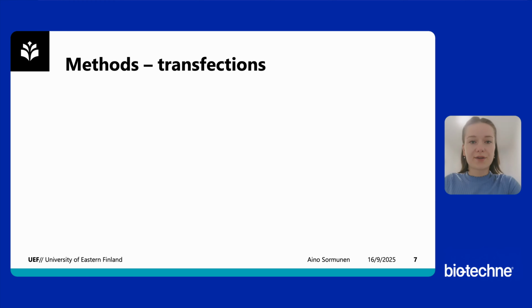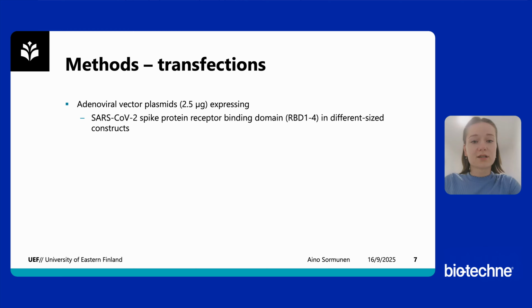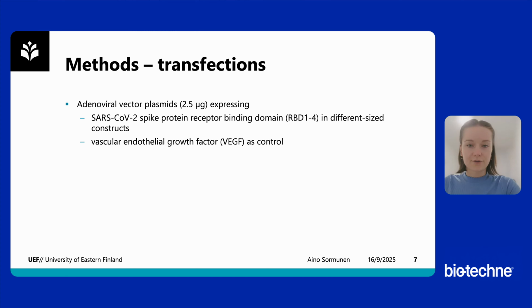So then on to the methods and what we actually did in these experiments. To create our samples, we used adenoviral vector plasmids that expressed 4 different sized transgenes that all included the receptor binding domain of the coronavirus SARS-CoV-2 spike protein. And as a control, we used a construct that expressed the vascular endothelial growth factor VEGF.